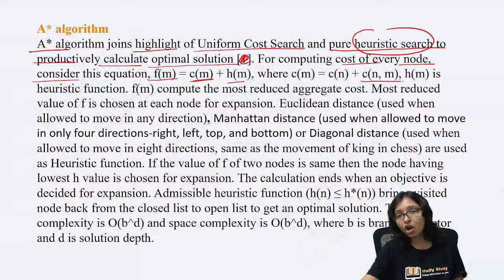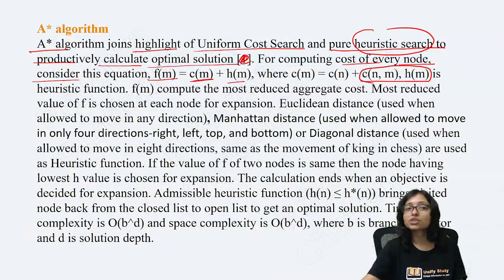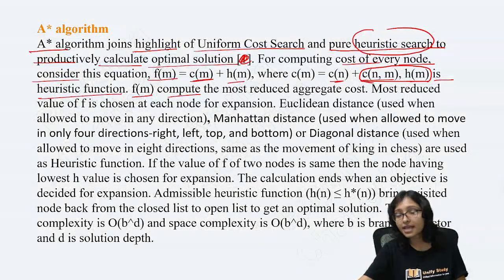Out of the cost and the H(m), we are going to choose one of them. C(m) equals C(n) plus C(n,m), comma H(m) is the heuristic function. F(m) is the computed cost, that is, what we already traversed, as I told already. Here, whenever it is my starting node and I am here, this is my current node and this is my goal node.